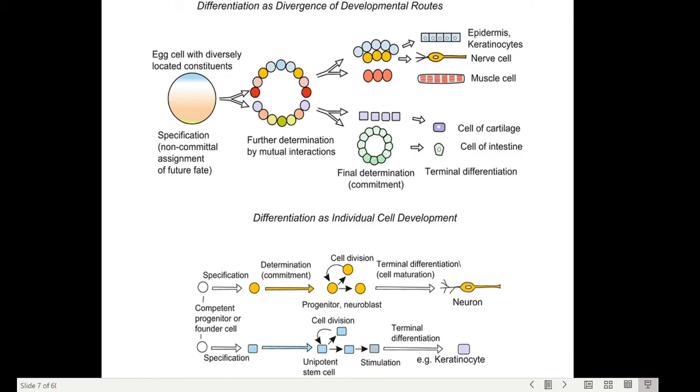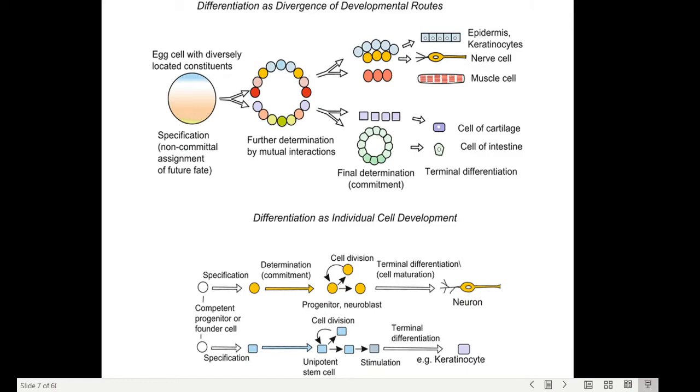I am telling this in different ways because divergent cell development helps to form various tissues, but individual cell development helps with individual tissue cells.